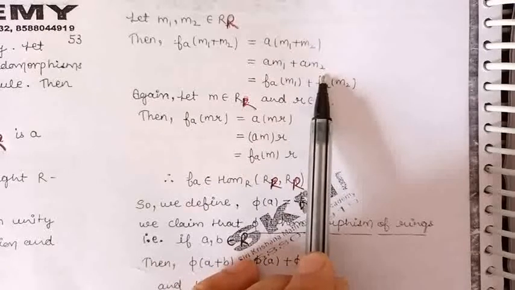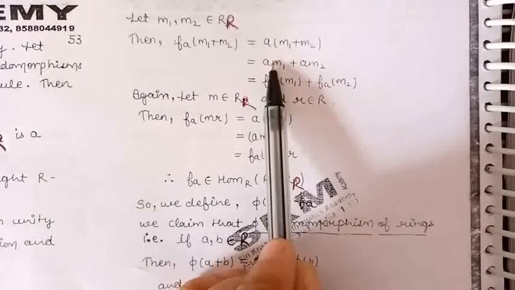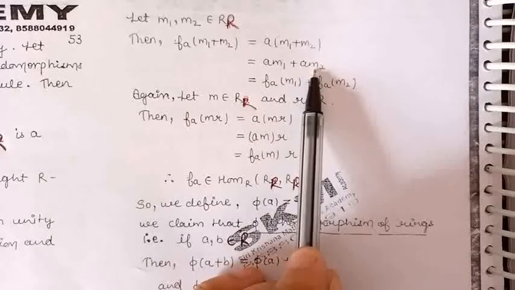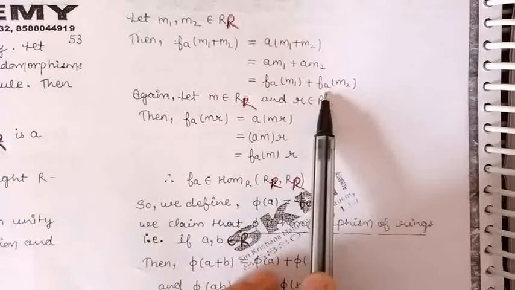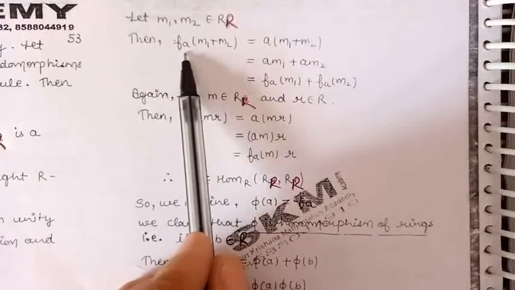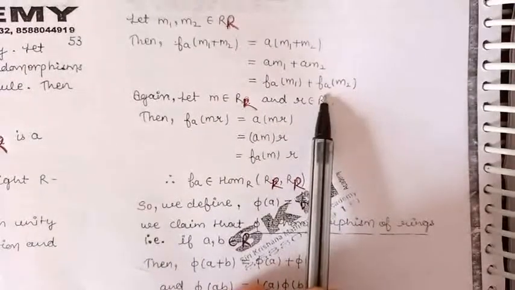Now by definition of mapping f_a, this is the image of m1 under the mapping f_a, and a m2 is the image of m2 under the mapping f_a. So we have proved the image of m1 plus m2 under the mapping f_a is equal to the image of m1 plus the image of m2. Our first condition for the homomorphism is proved.